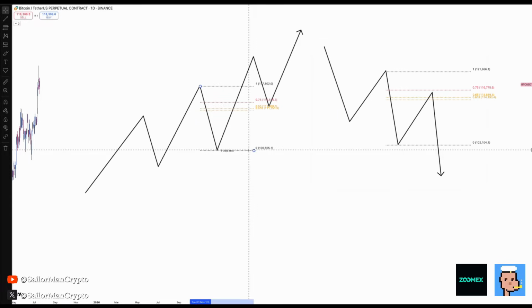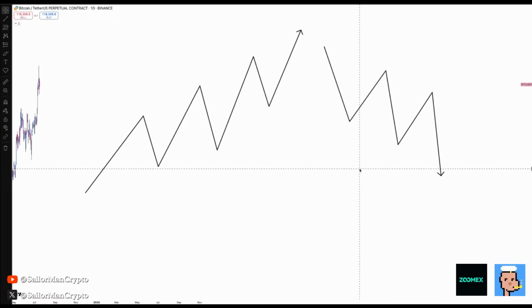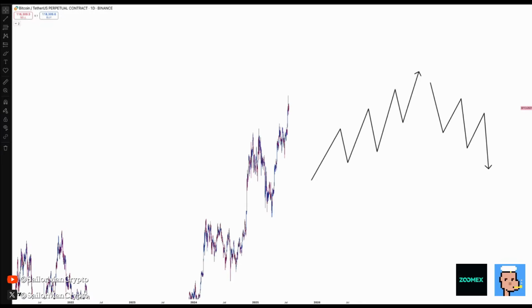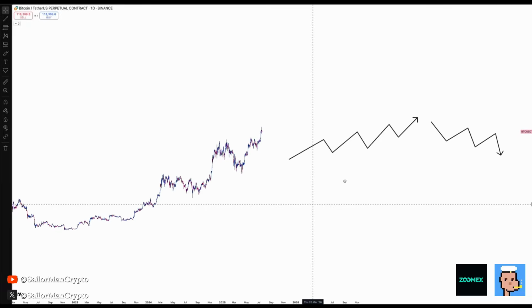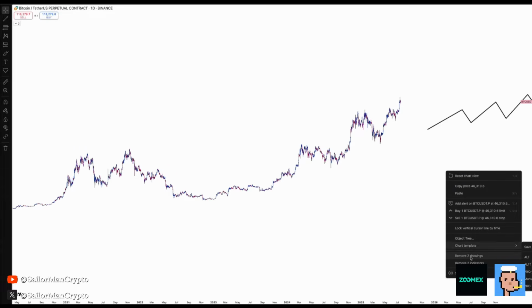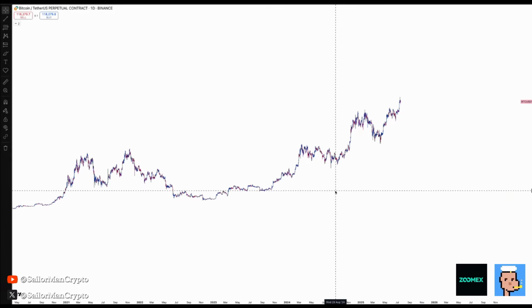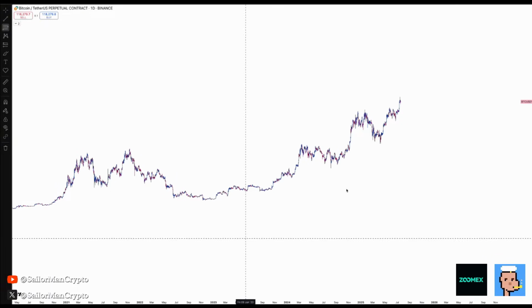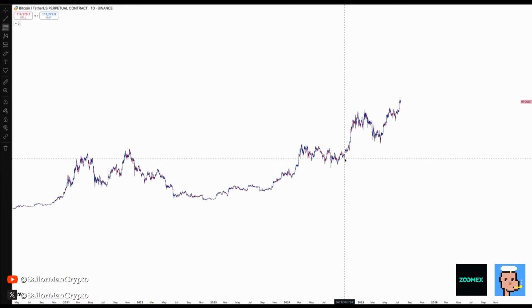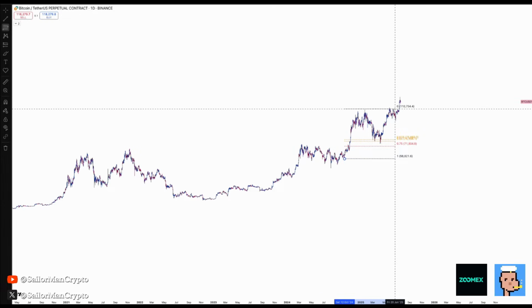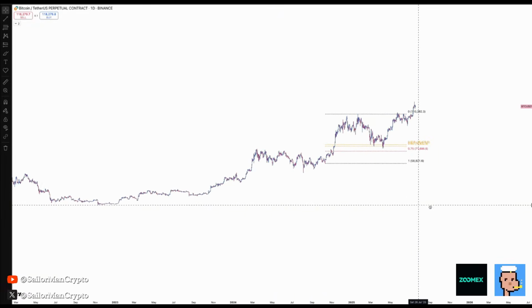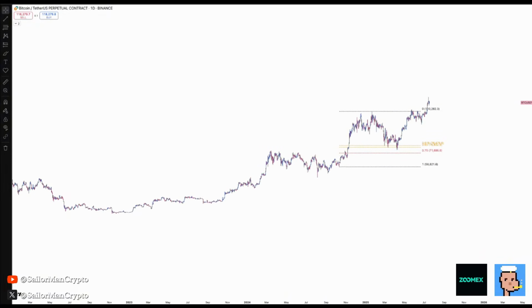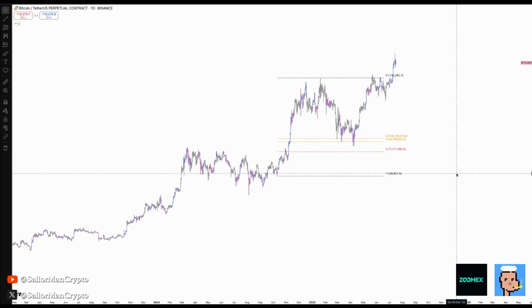So if we see on the chart, I'm not sure where I can find one on Bitcoin, but if we take, I don't know, this move up to here, so this is the move.